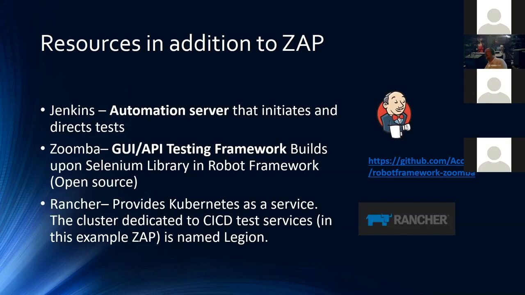And Rancher, which provides Kubernetes as a service. I won't go into the details on it, but just understand that there's a dedicated Kubernetes cluster that we use to build testing resources, like servers that have Zap on them for use whenever we're running these tests.